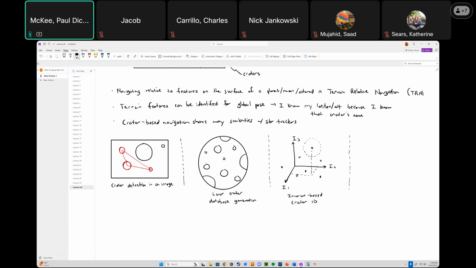And then finally, we actually solve the math problem that we came here to solve, which is if I know that this is the moon, and I know that I found this crater and this crater and this crater, there ought to be only one position that makes sense for my spacecraft.